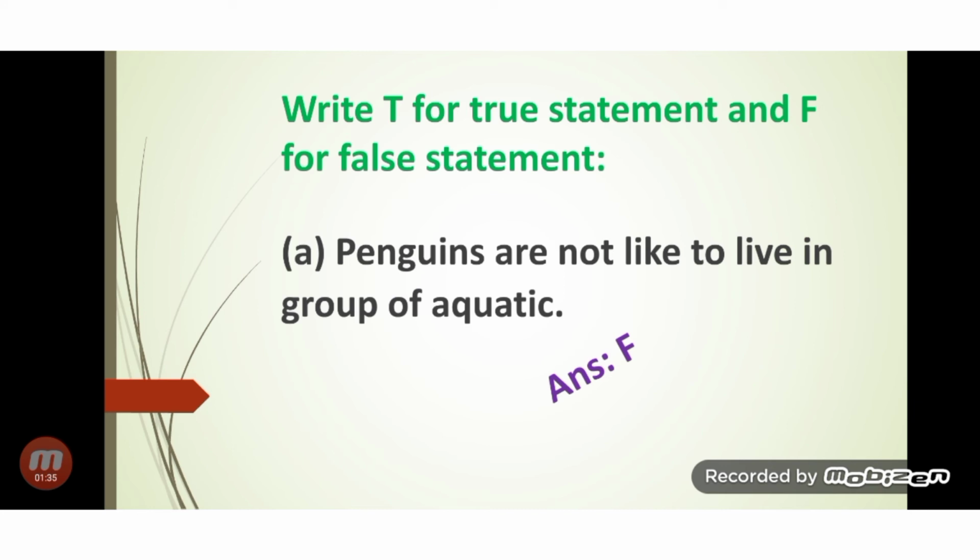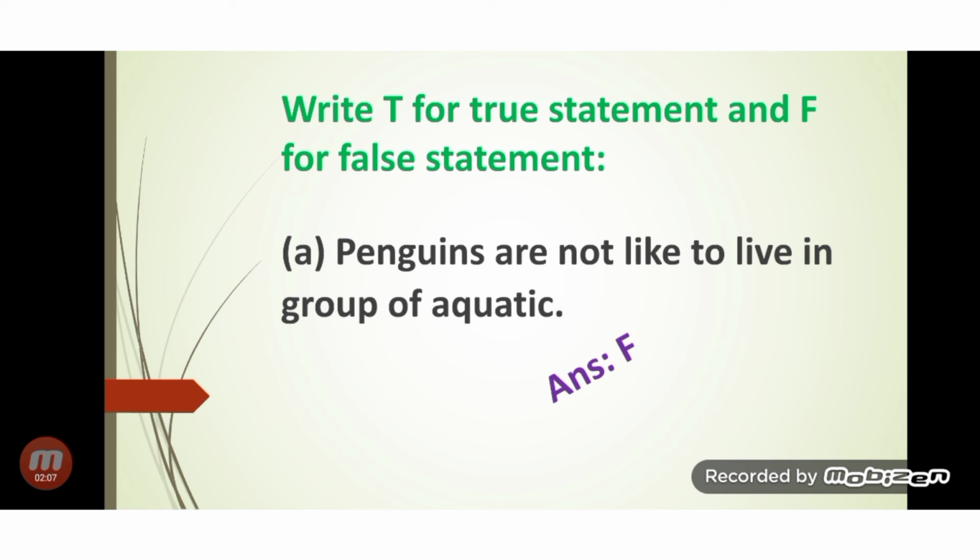Students, now you have to write T for a true statement and F for a false statement. You know, if the statement is true, then you have to write T. If the statement is false, then you have to write F. So let's try. A. Penguins do not like to live in a group of aquatic.